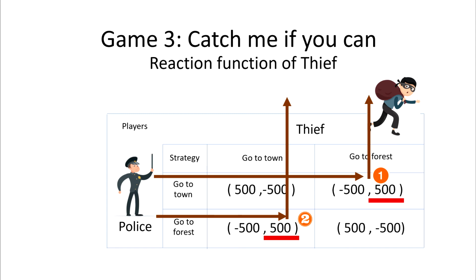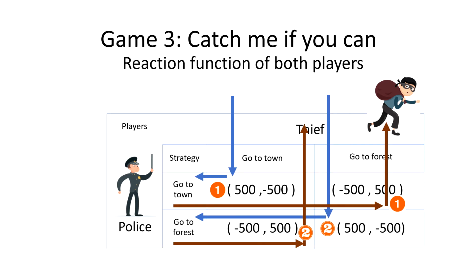Now, the ration function of the thief. If police goes to town, the thief doesn't want to meet the police, then the thief will go to the forest. And if the police goes to the forest, then the thief will go to town to escape. Here we see the comparison of the ration functions.